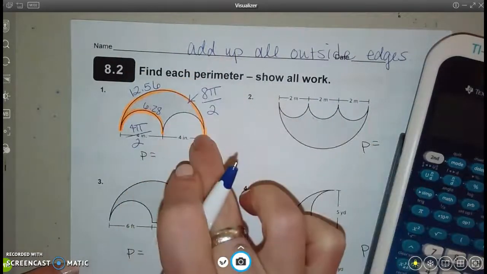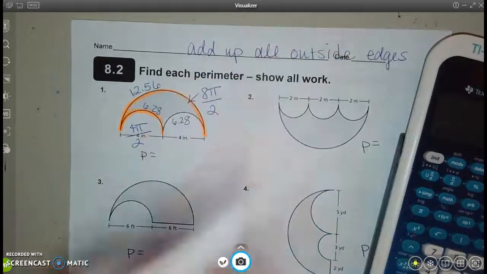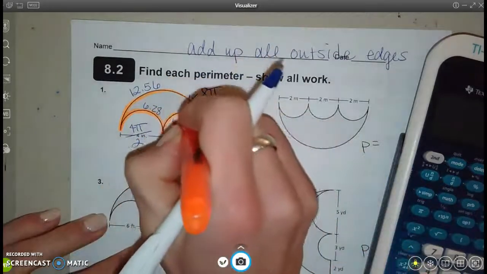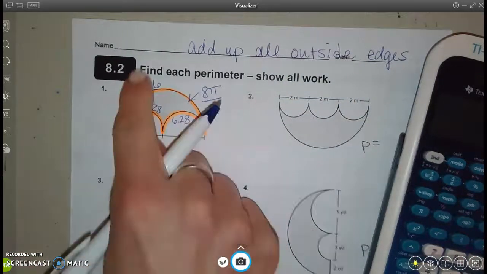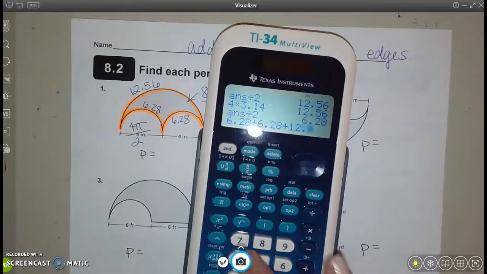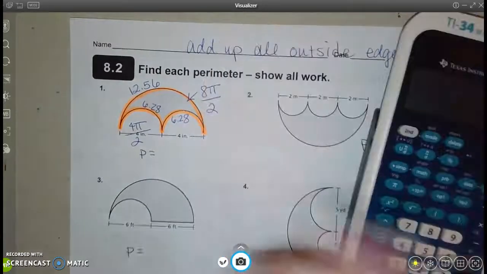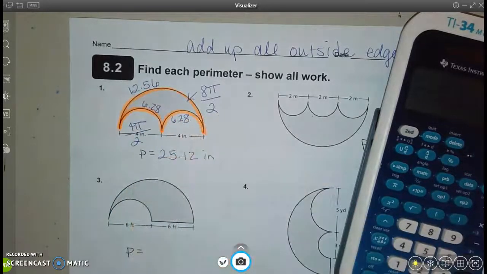And I can see that this is the same. It's going to be another 6.28. All right, so I found all the edges back to where I started, and I just have 3 numbers to add up. 6.28 plus 6.28 plus 12.56, 25.12. And it would be inches.